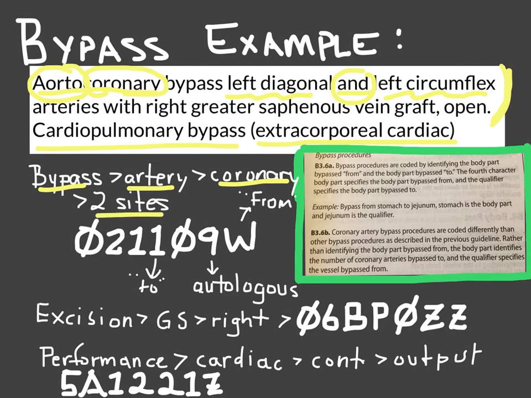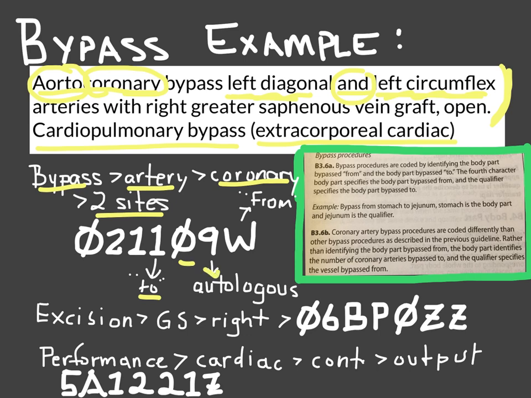We're bypassing from the aorta to these two sites, the left diagonal and left circumflex arteries. So that'll lead us to the fourth character of 1, where we're bypassing 2. The fifth character will be 0 for the open approach.